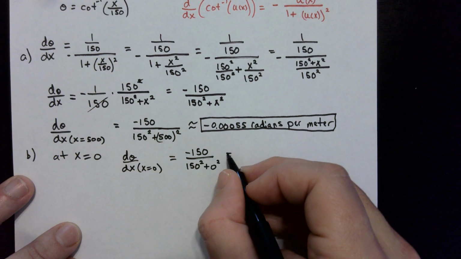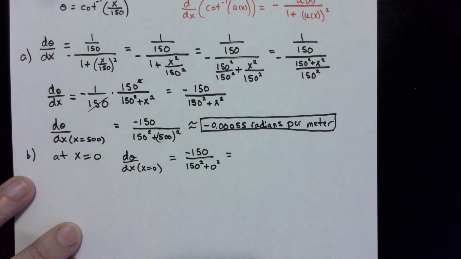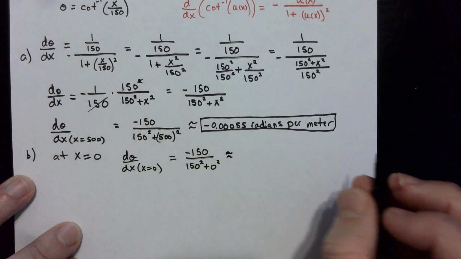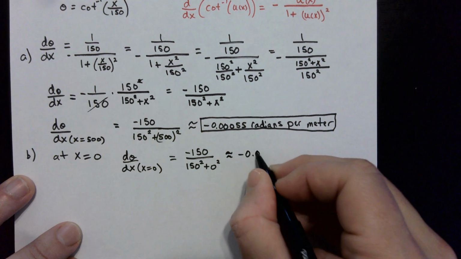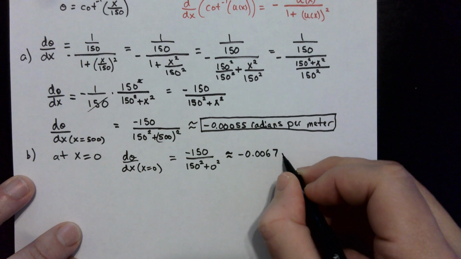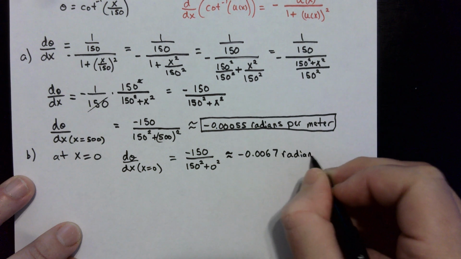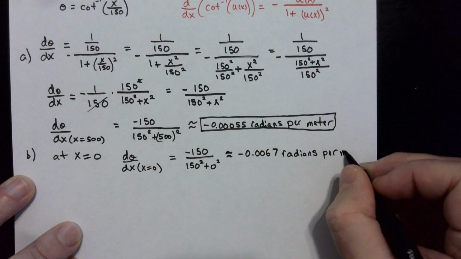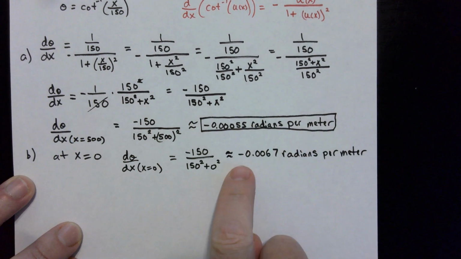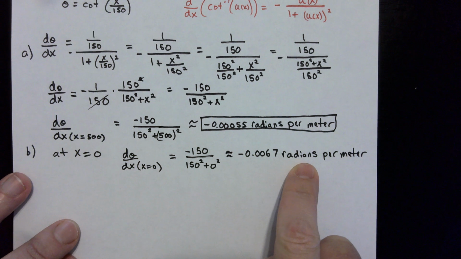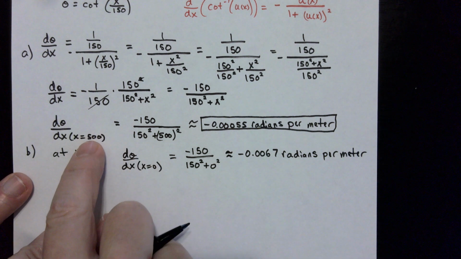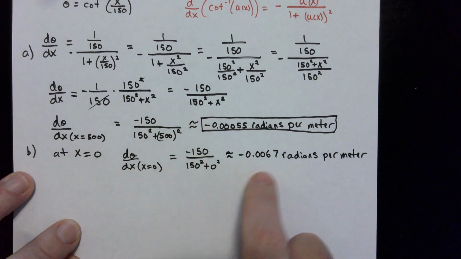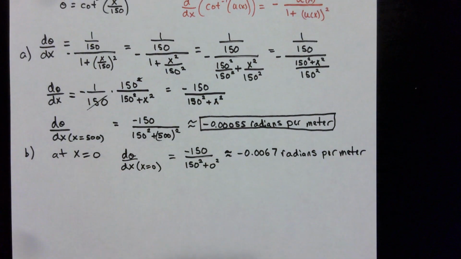And that's going to be approximately equal to negative 0.0067 radians per meter. So this is the most change at any point. You notice that when you're at x equals 500, it's way less change than that. Both of them are pretty slow, but this is the fastest change. And that's it.